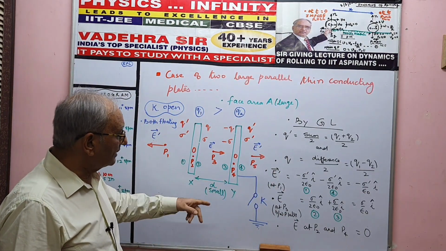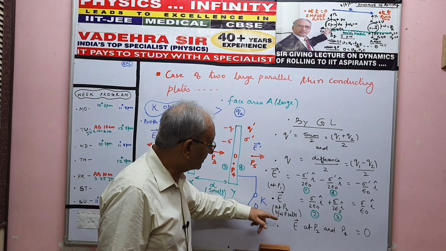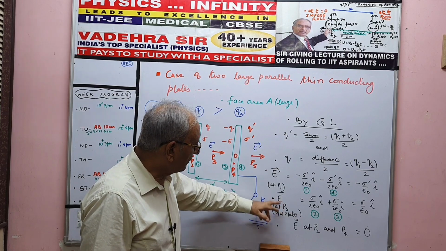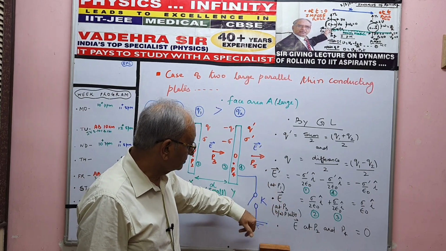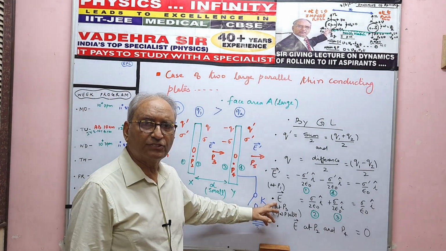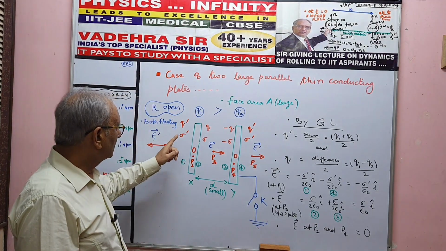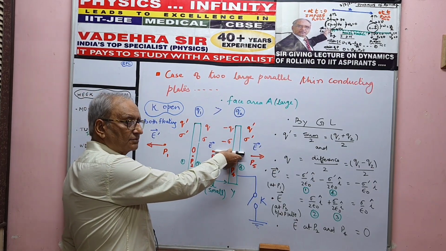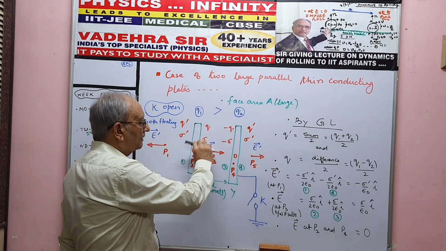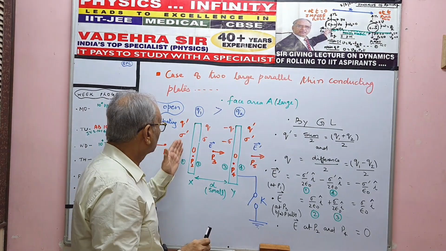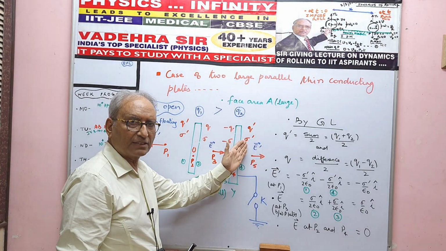Right, now let me consider the point, let's say, P3 between the plates. So once again, sigma dash will create a field to the right, this sigma dash will create to the left, equal and opposite, so they will cancel. So no contribution will come from this sigma dash and this sigma dash.